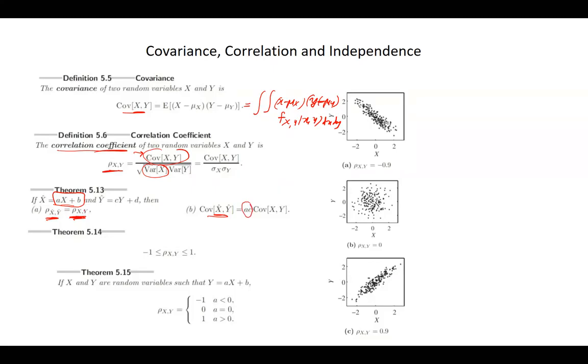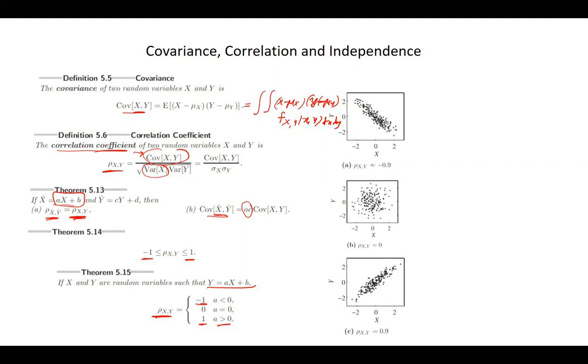And note that the correlation coefficient is always in between -1 and 1. If we are given x and y such that y equal to ax plus b, then the correlation coefficient will be -1 when a is a negative number. When a is a positive number, it's going to be 1.